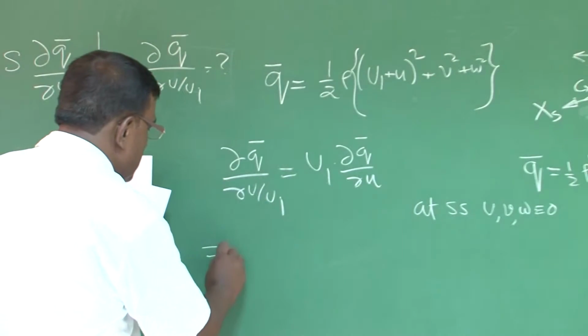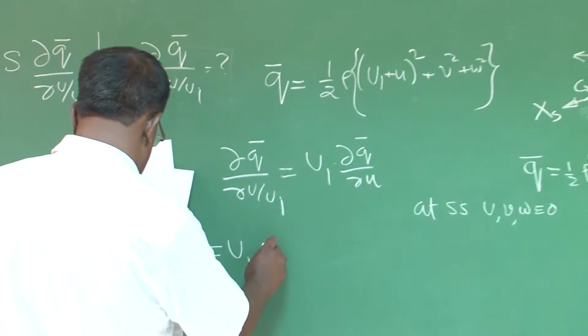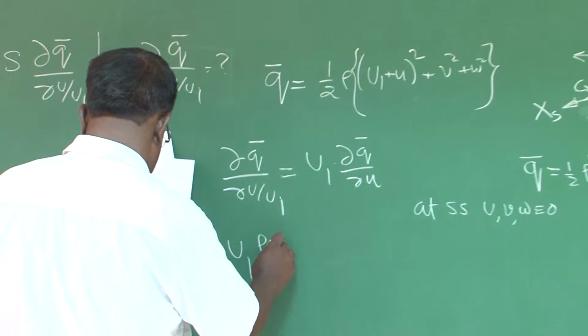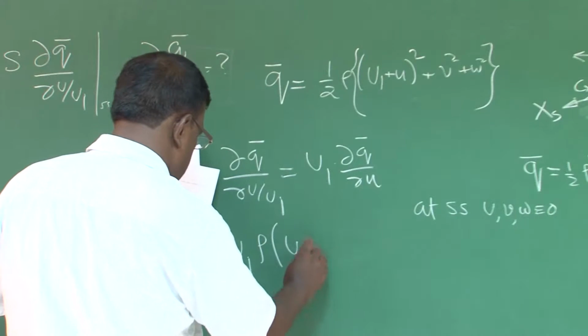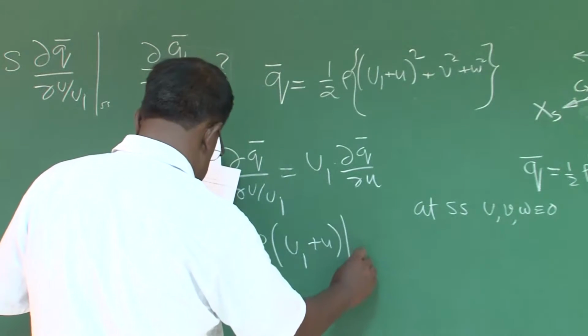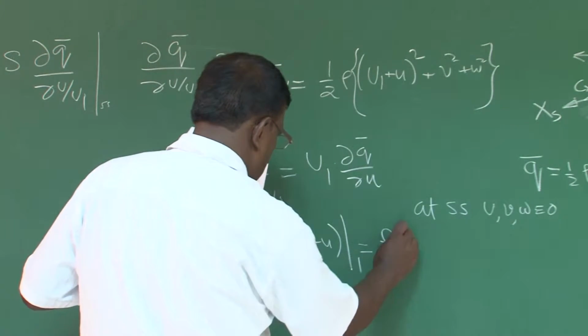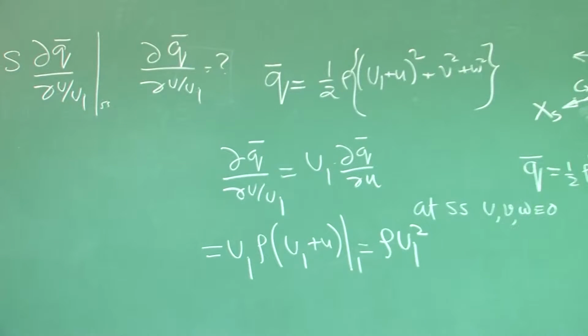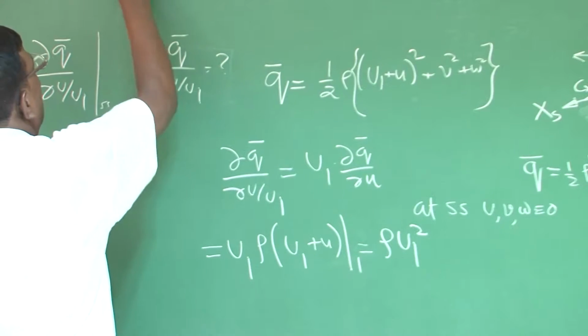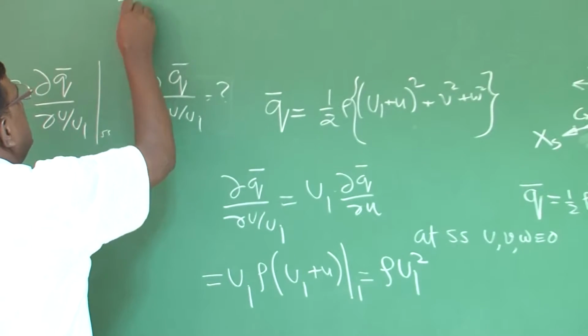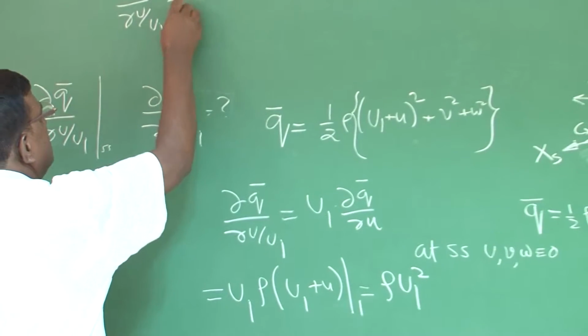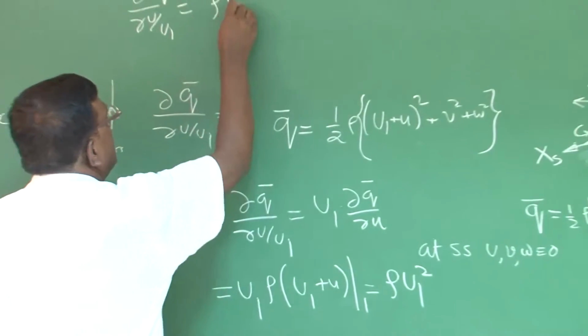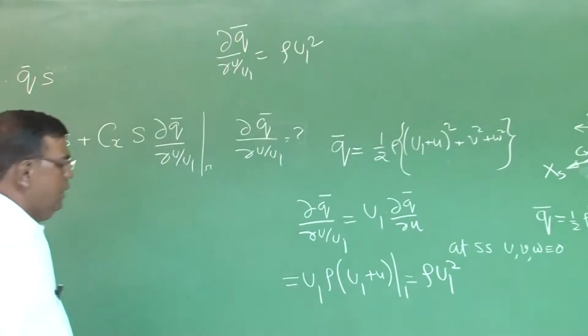This gives me u1 into rho (u1 plus u) at steady state, and that will be nothing but rho u1 squared. So what did I get? dq bar by d(u by u1) is nothing but rho u1 squared. As simple as that.